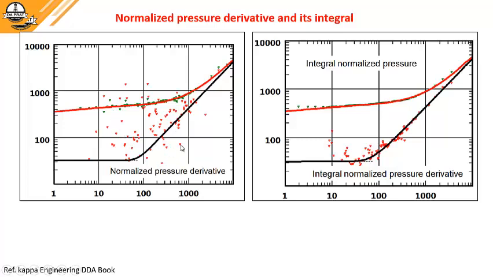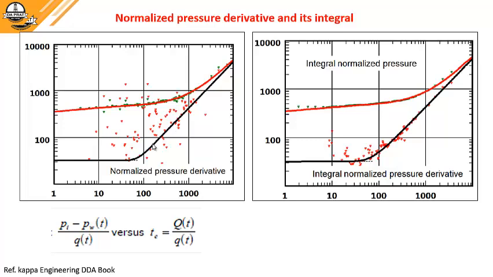You see here there is scattered, noisy data because we're using the equivalent time, which is defined as the cumulative over the rate at some time t. When we use pressures and time, the pressure is acquired with a frequency, let's say seconds if you want.